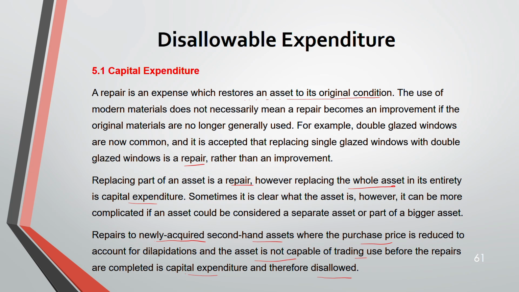See, when you have reduced the purchase price because you are repairing it, you are taking into account the repair. That's why you're reducing the purchase price of that asset. And you can't bring the asset to trading use before repairing it. Then this is a capital expenditure. This is disallowed.